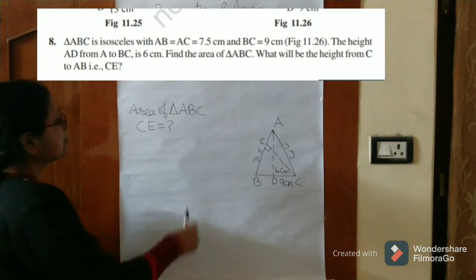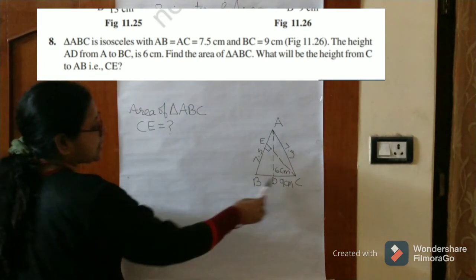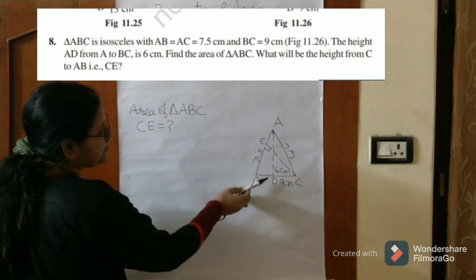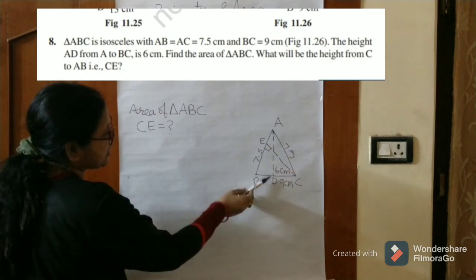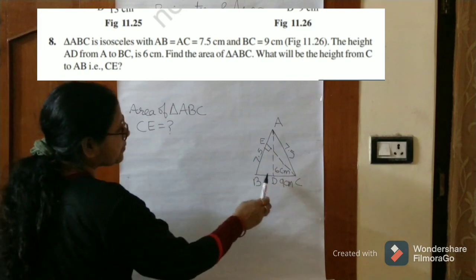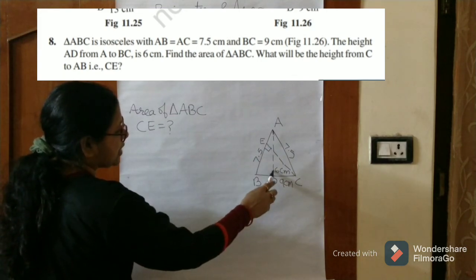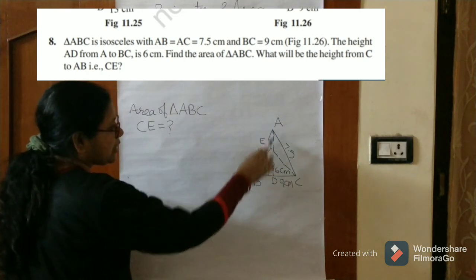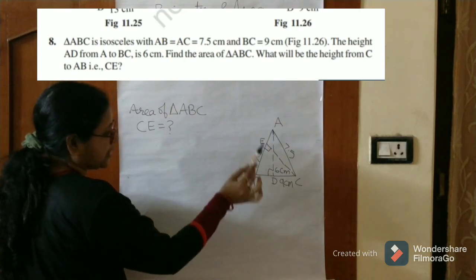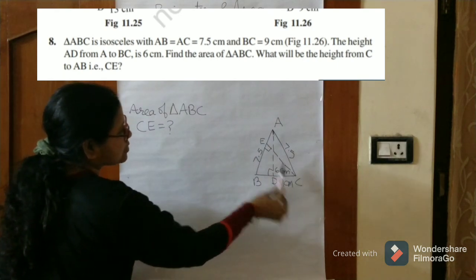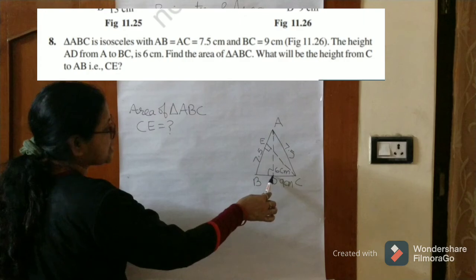Question 8. In question 8, a triangle has been shown in which two side heights are there. One is AD and one is CE. जब हम AD को as a height लेंगे, then BC will be used as base, क्योंकि ये यहाँ पर 90 डिग्री का एंगल बना रही है. तो एरिया फाइंड आउट करने के लिए BC को बेस यूज करेंगे एंड AD will be used as height.